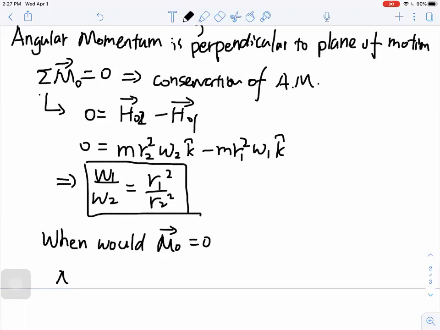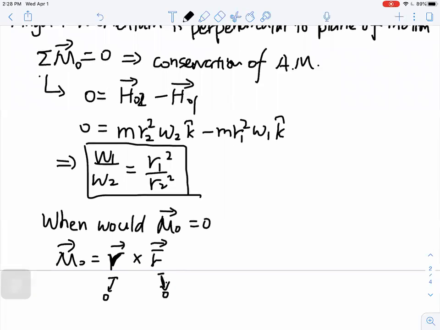From the definition, moment equals R cross force vector. In order to make the moment equal to 0, we can either make R equal to 0 or make the forces equal to 0.